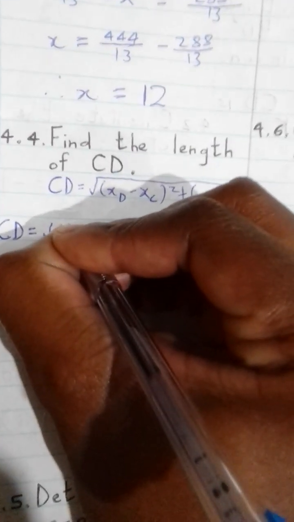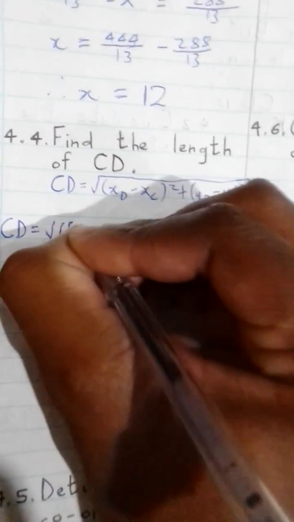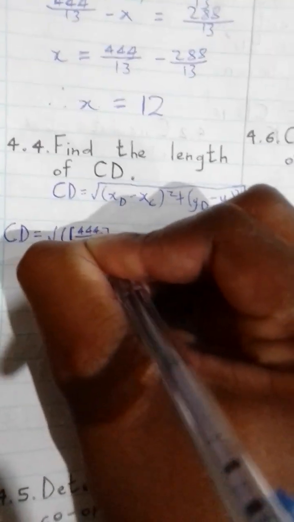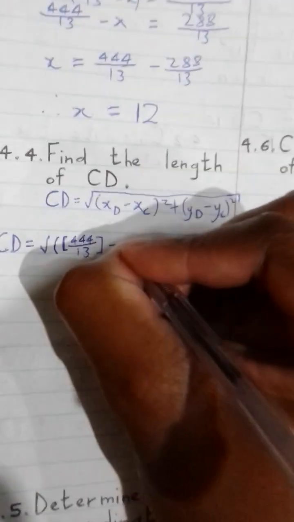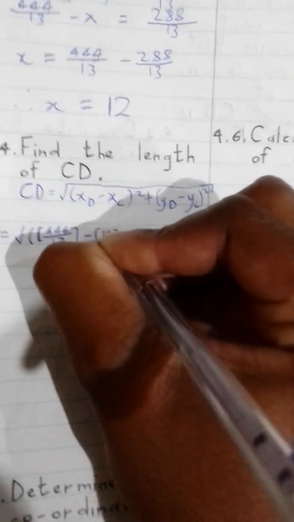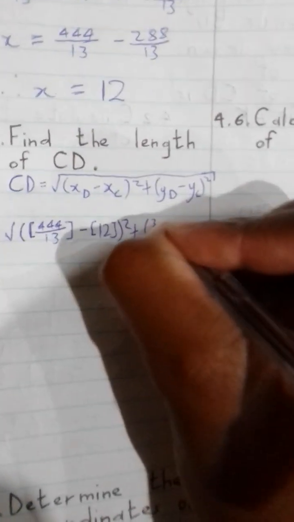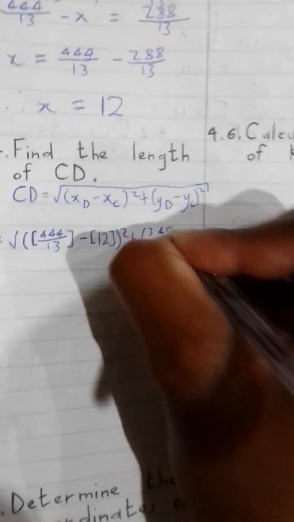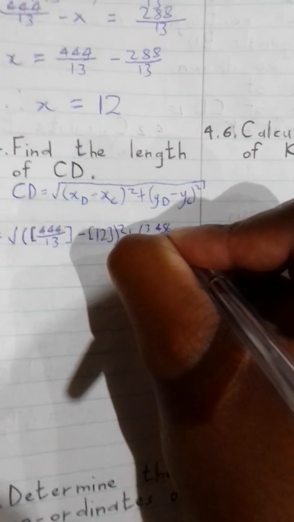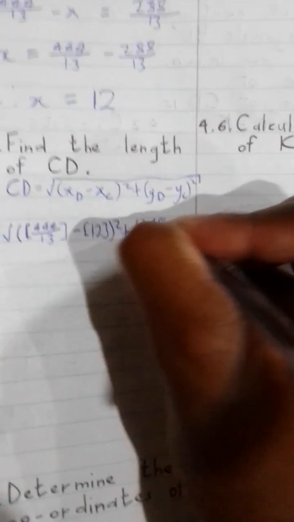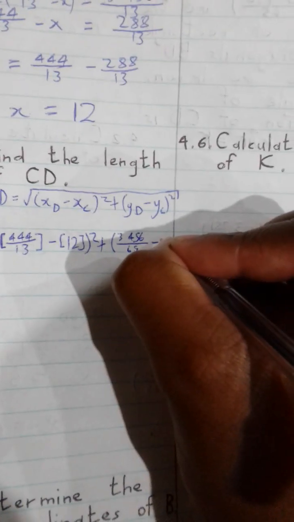X of d is 444 over 13, minus x of c, 12, plus y of d, 3456 over 65, minus y of c, 0, squared.